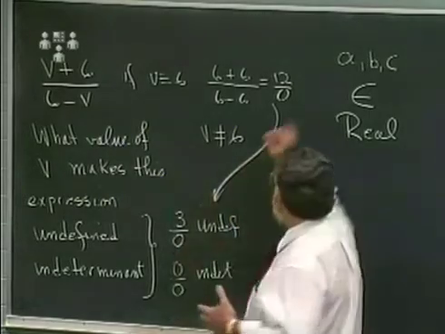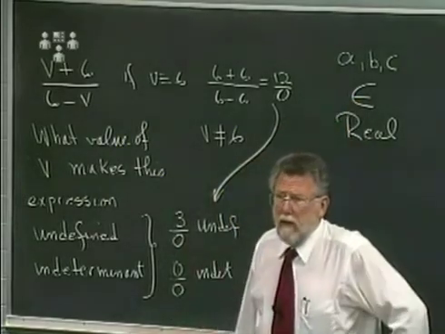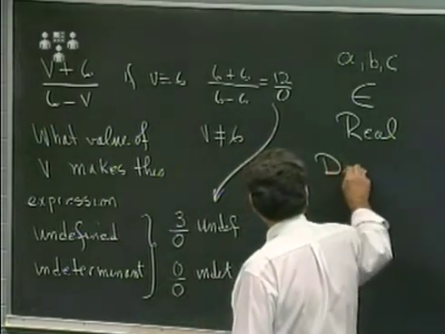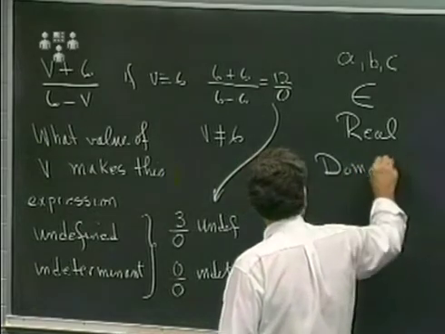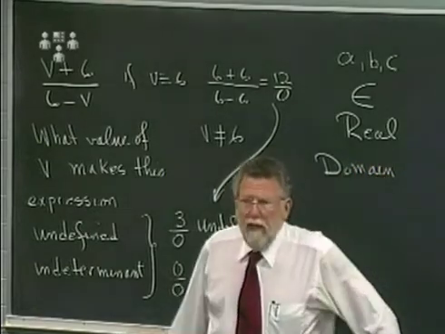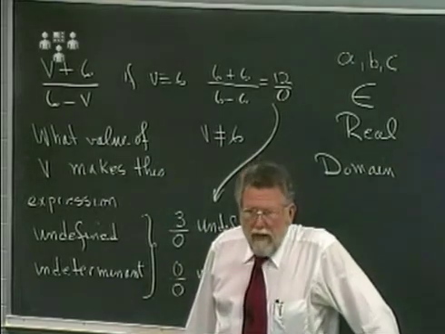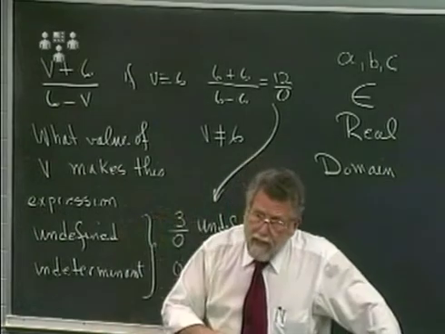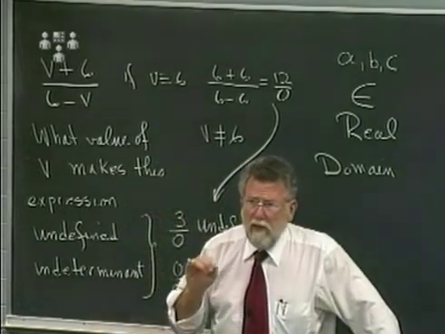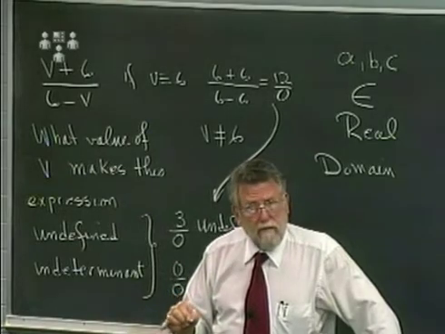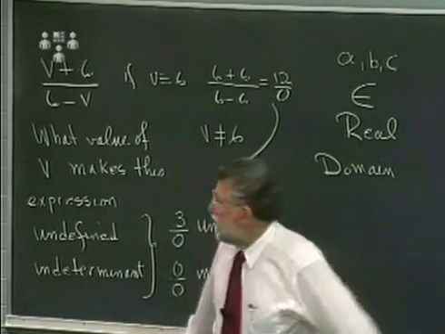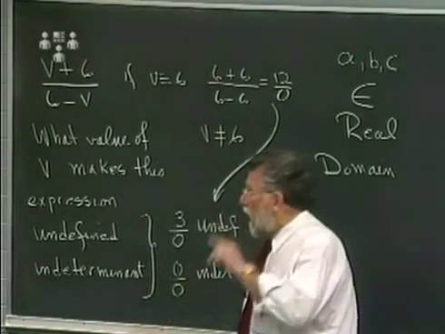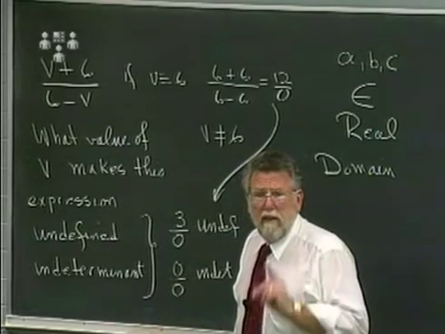Now when I say a, b, and c can be any real number, I'm going to use a new word for you. It's called the domain. It's the set of numbers that we have. The domain for most of what we do in algebra is the set of reals. We have restricted temporarily the domain to integers. This is a further restriction. So we say b can be an integer as long as it's not what? 6.